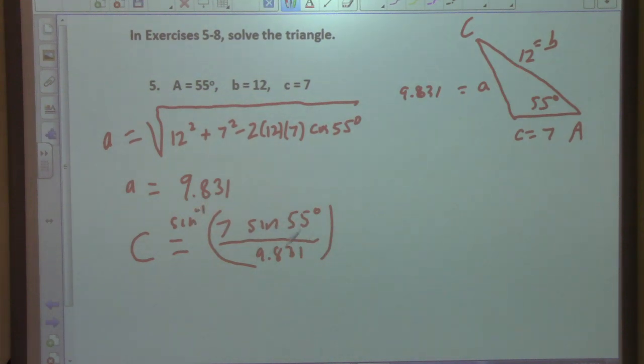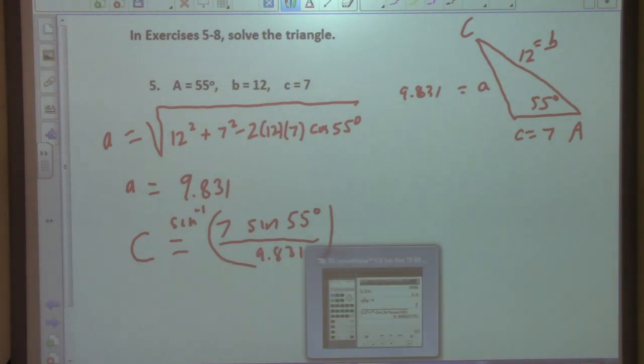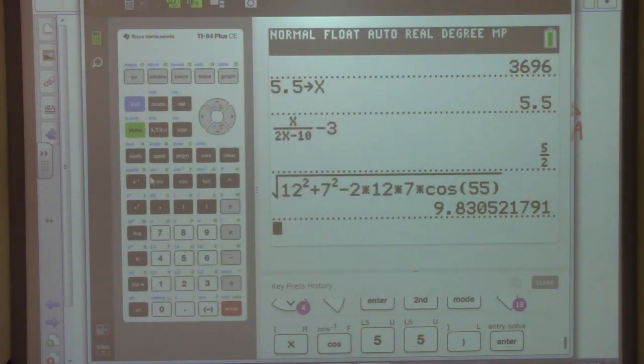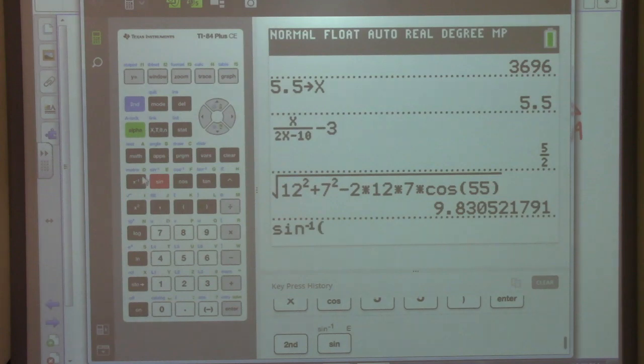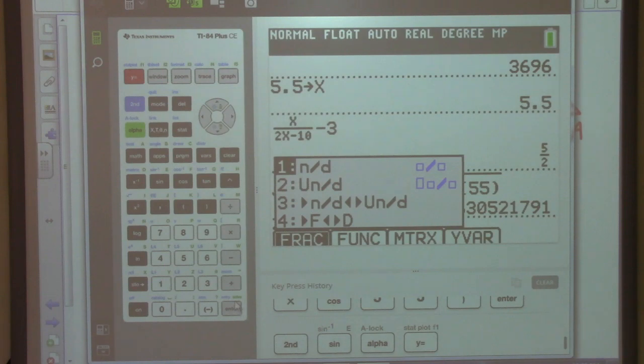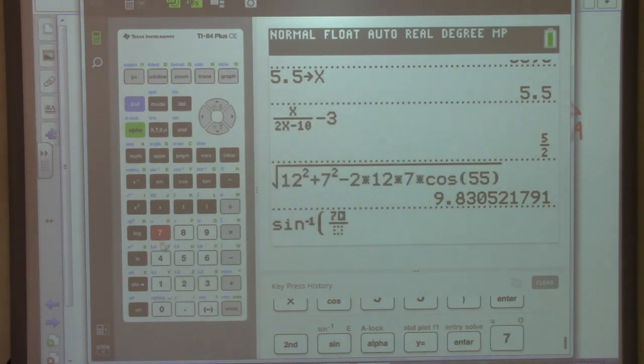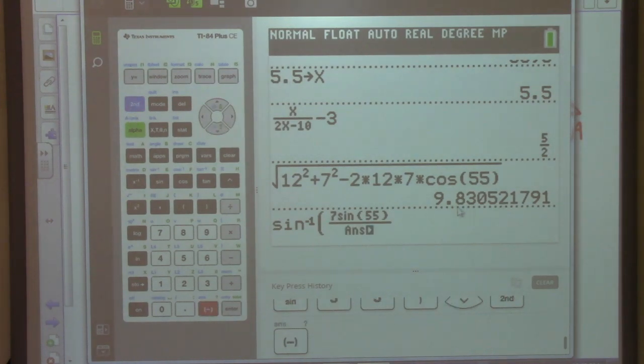Does that look right? So 7 sine 55 degrees. And I'm going to go ahead and put second ANS to get that value here.